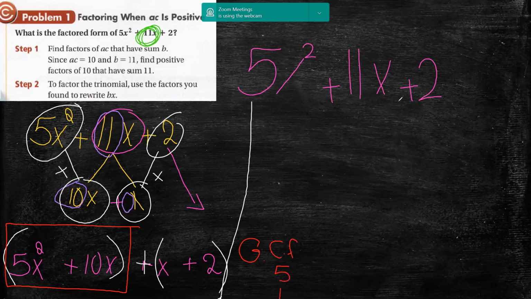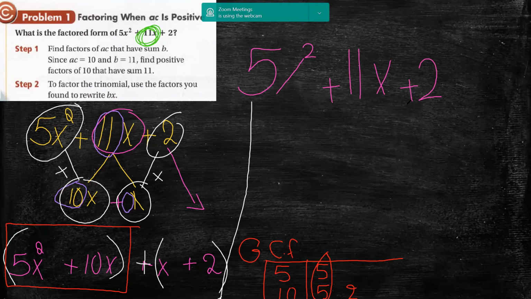What are the factors of 5? They are 5. And what are the factors of 10? They are 5 and 2. These are the factors that if I multiply them, I get 10. Now I have to find the common between them. What is common here? They are 5.